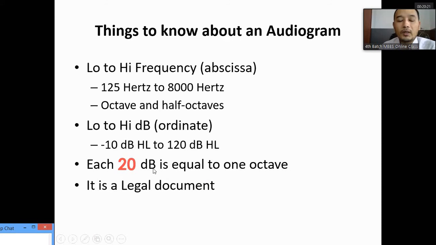So when we plot the graph, each 20 decibels is equal to 1 octave; from 125 to 500 hertz on the x-axis, the y-axis is 20 decibels. Another thing about the audiogram: this is a legal document, very important to quantify and legalize the hearing loss before and after surgery, to check for hearing improvement after the surgery.